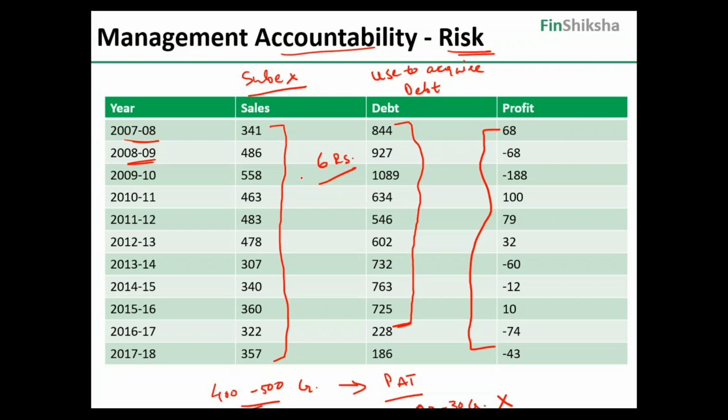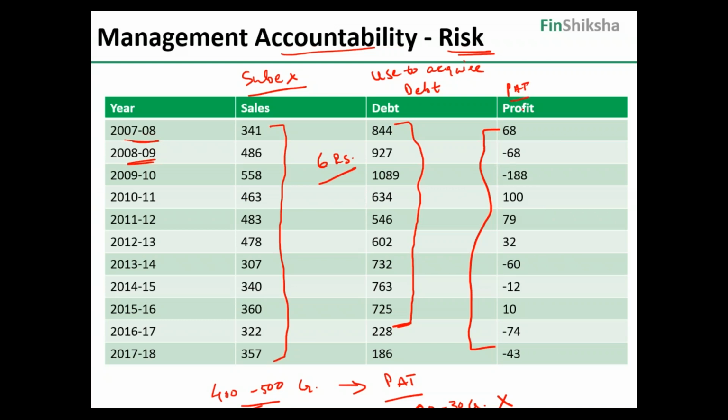Exact story as Tata Steel. The only difference is Subex never had a backing. Tata Steel wanted to acquire Chorus. Initial bid was of $8 billion. They raised that bid. This is PAT.